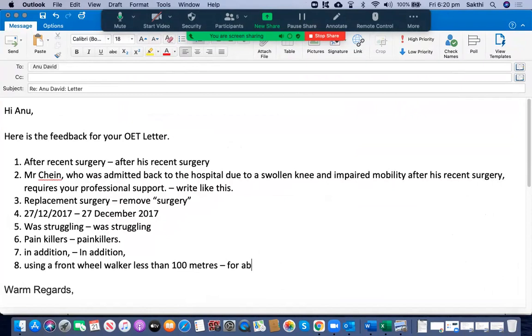You can also use "for about" or "for approximately" or "for less than." Any words are good, but try to avoid the repetition of the words from the case notes. It's not good. If they have already used "less than 100 meters," it's better to say "for approximately" or "for about," something like that. 100 meters using a front wheel walker.